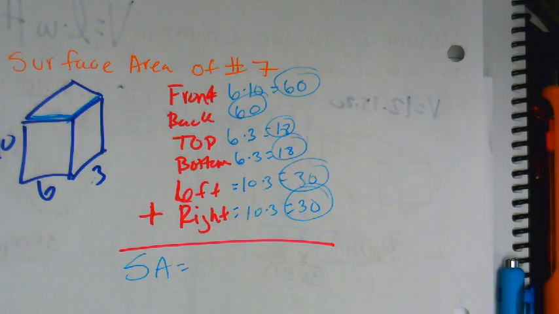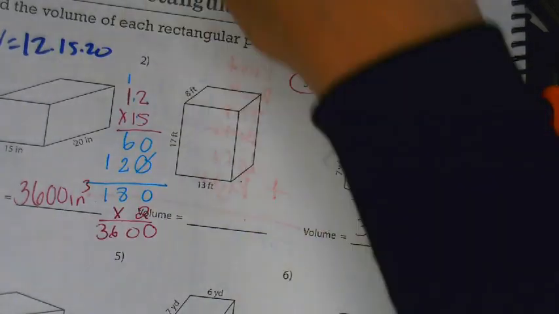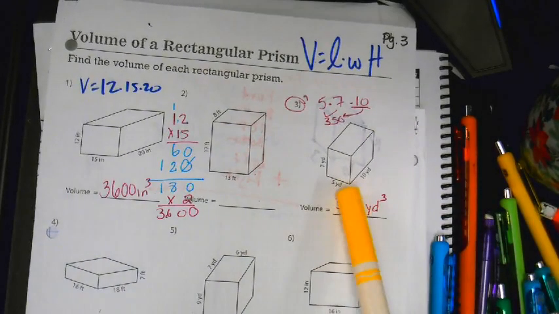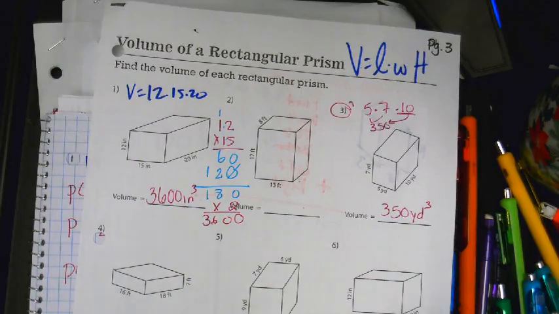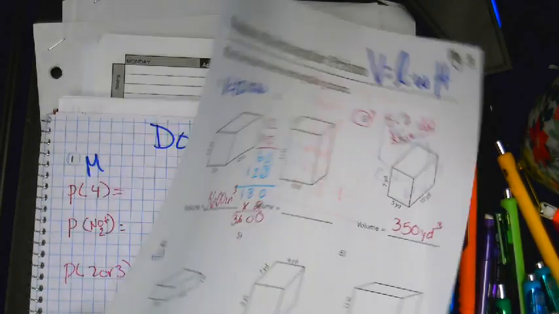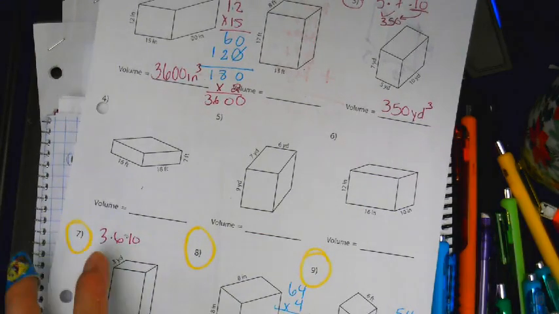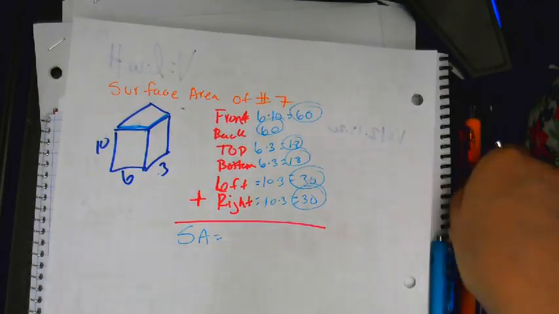When you're done, you're going to upload a picture of the front and the back. I did 90% of the back with you. The front side, you are responsible for doing 1, 3, which we did together, and 7, 8, and 9, which you were supposed to do on your own. So upload that to Canvas, 7, 8, 9, and the back side. I didn't finish the back side, so you have to finish the back side.